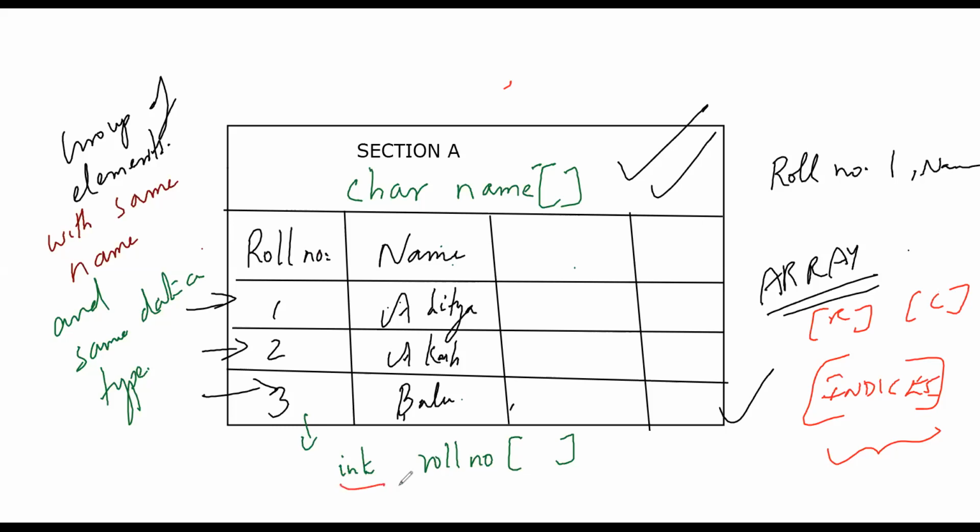Integer means numbers 1, 2, 3. Character means a name, Aditya. If you ask me what is int and char, they are my data types. Same data type: 1, 2, 3 are all integer. Names Aditya, Akash, Balu are all characters.